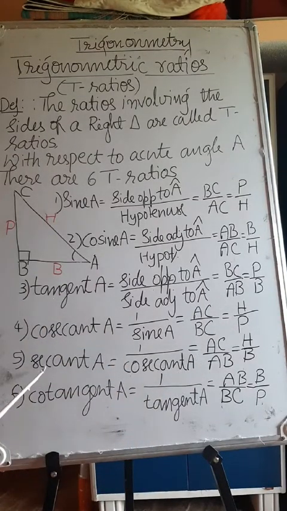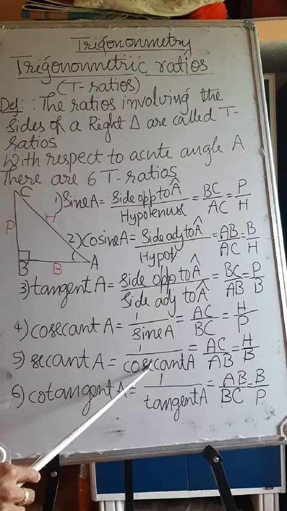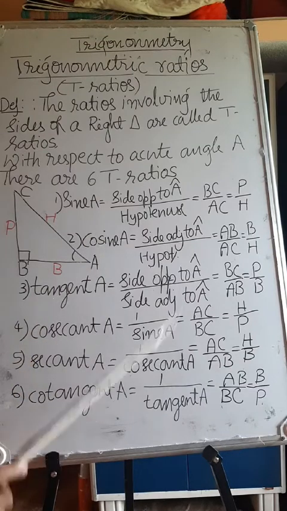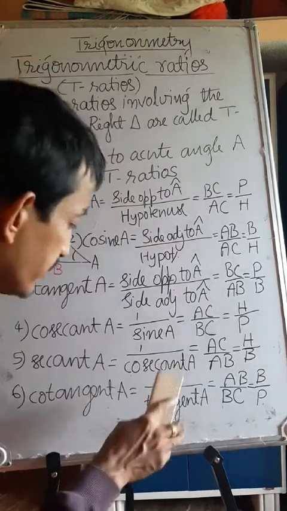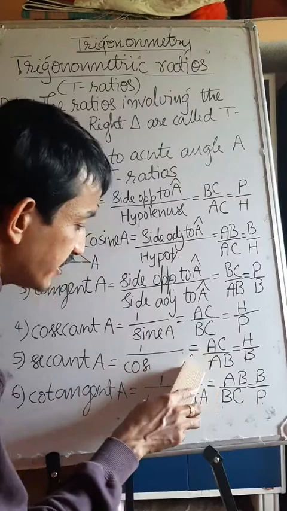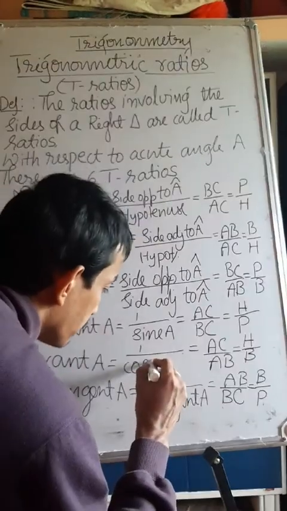Next one, secant A. There is a relation between cosine A and secant A. Secant A is the reciprocal of cosine A. Small correction here: it is not cosecant A, it is cosine A that you have to write here. That is very important.